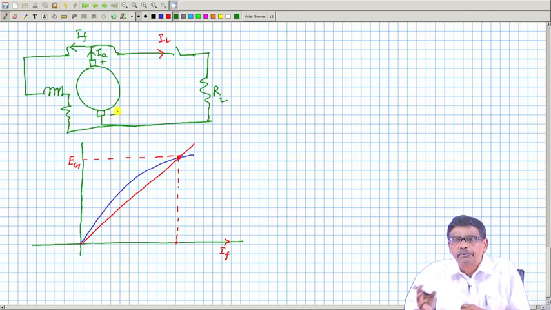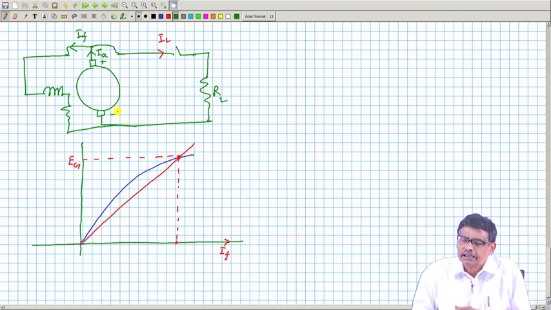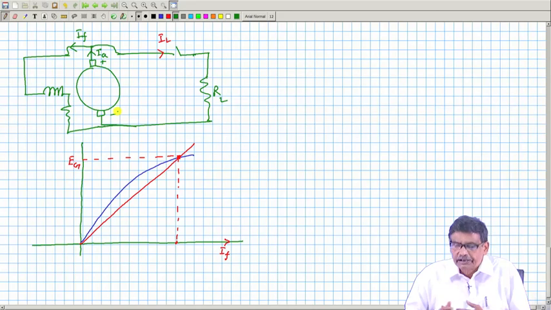If you reverse field current, keeping the direction of rotation same, supply voltage will reverse its polarity. If you reverse both of them, both the direction of field current as well as direction of rotation, polarity of the induced voltage will remain same, because k phi n.